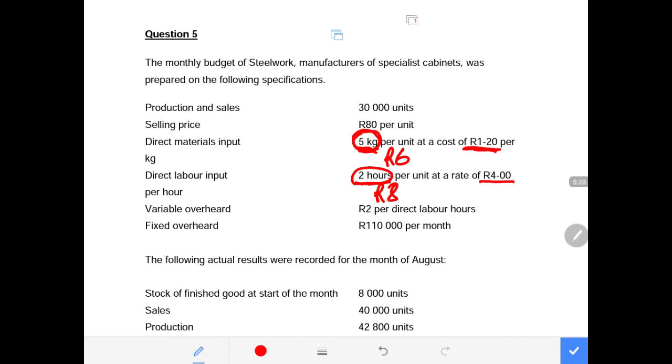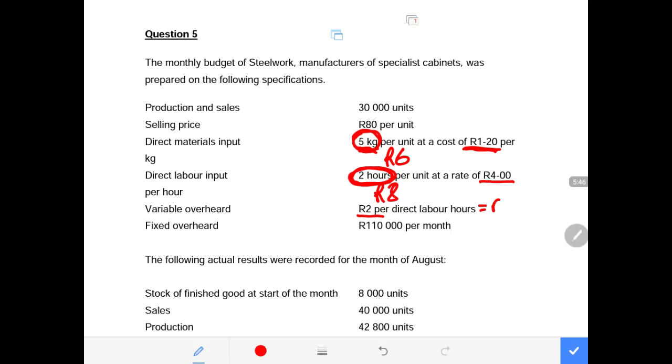Remember, now we're also looking at the direct cost, meaning the cost of production. Remember, it is material, labor, plus manufacturing overheads. Our variable overheads are calculated at 2 rand per direct labor hour. That means again it's 2 rand times the number of direct labor hours it takes to complete 1 unit.